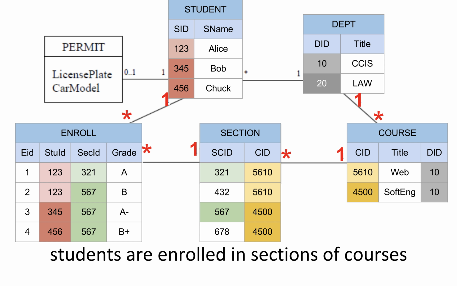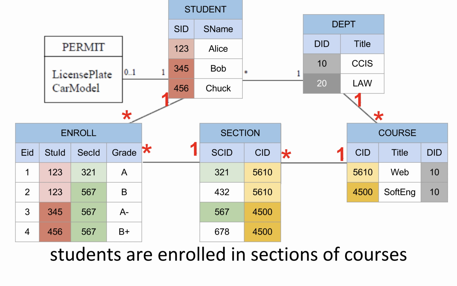The sections have a relationship with courses. Each course might have multiple sections. Notice that for course 5610, there are actually two sections of 5610, and there are two sections of 4500, right? And we see that student 123 is enrolled in sections 3 and 1, which happen to be course 5610.